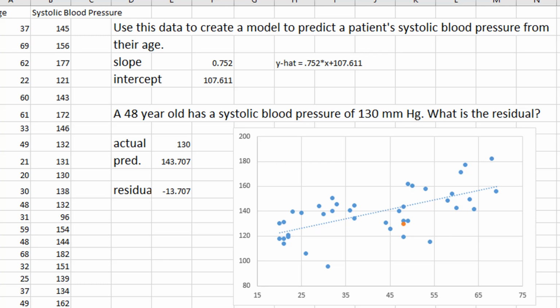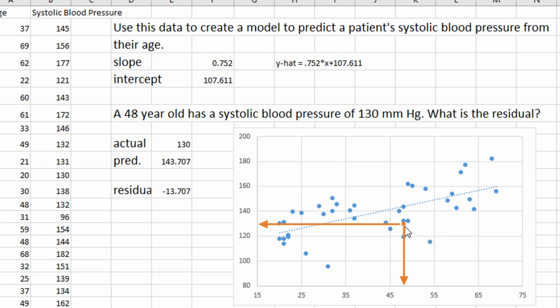You can see this positive relationship. And I've also, in addition to the blue dots, which have generated my linear model, plotted this new observation of a 48-year-old. You can see that horizontally we're at 48 years in age, and vertically we're at 130.